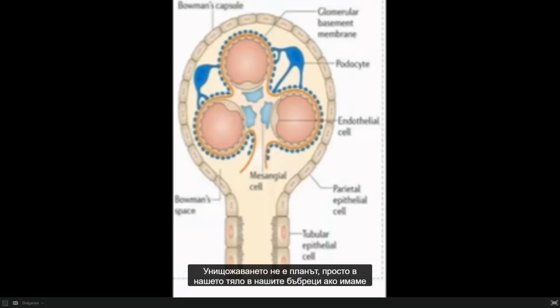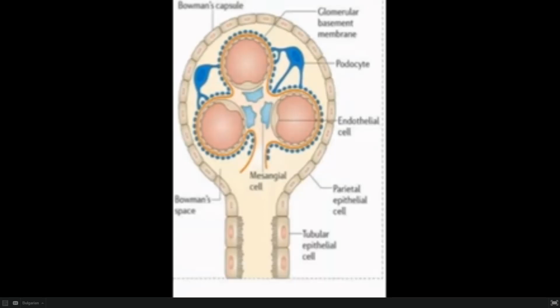The destruction is not the plan. It's just that in our body, in our kidneys, if we had a section which was nano-layered and its gravitational magnetic field was of CO, we would have withstood CO2.